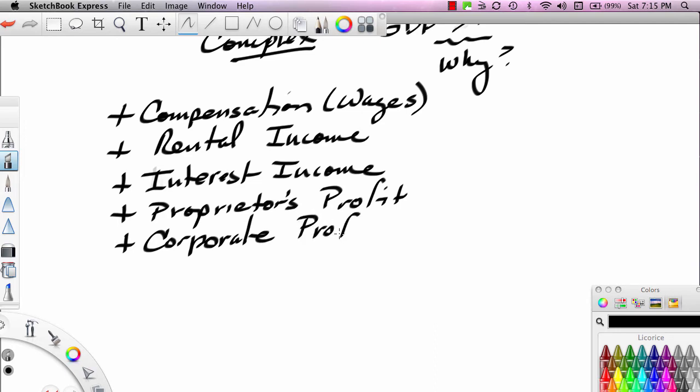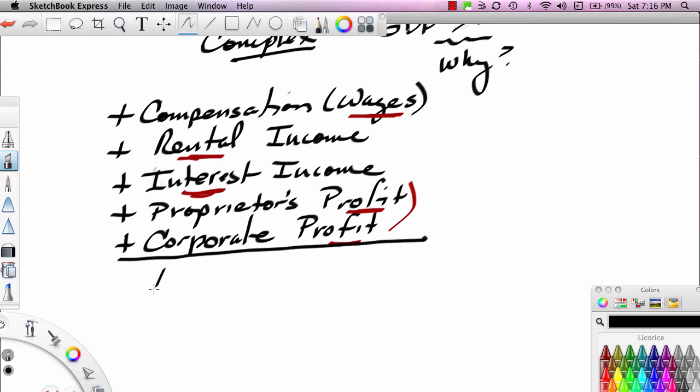So if you add together those categories, which we've talked about, wages, rent, interest, and profit being the four basic types of resource payments, as well as the four basic types of income, you get something called national income.